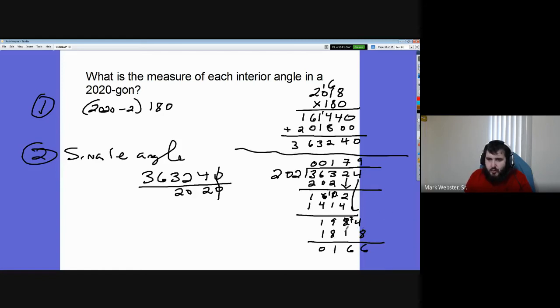And then so there is no way this is coming out even, but we have 179 and 166 over 202. Yeah? And then we could probably simplify this down, 83 101sts.